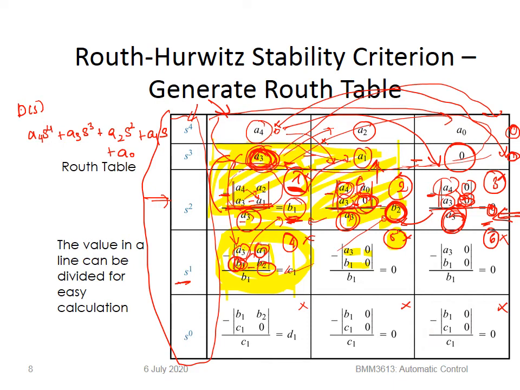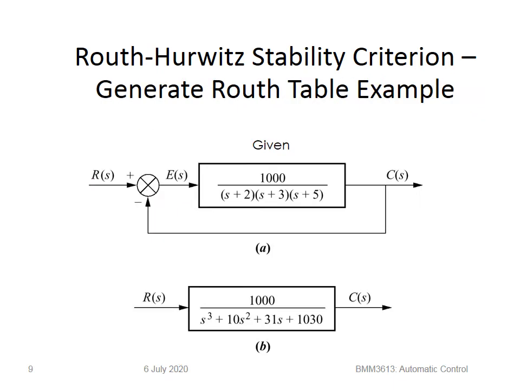So we'll see now with the values. Before we conclude, we're going to look at an example of how to practically fill in the Routh-Hurwitz table. Imagine we have a transfer function with unity feedback like this. The forward transfer function is 1000 over s plus 2 multiplied by s plus 3 multiplied by s plus 5.